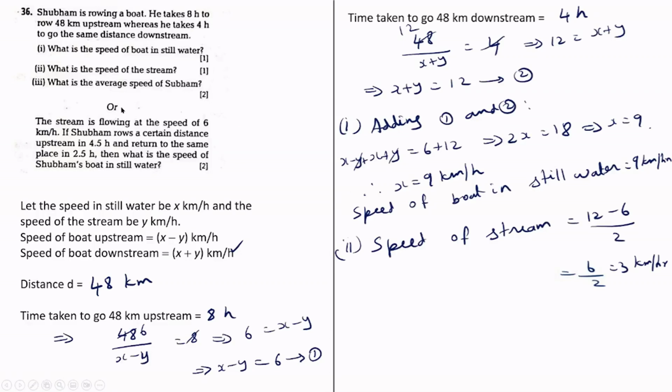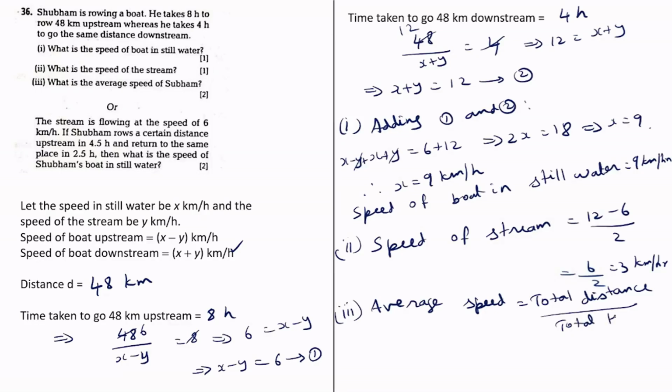And now we are asked to find the average speed of Subham. We know that the average speed is calculated as total distance by total time. So here the total distance is, he goes 48 km upstream and 48 km downstream.